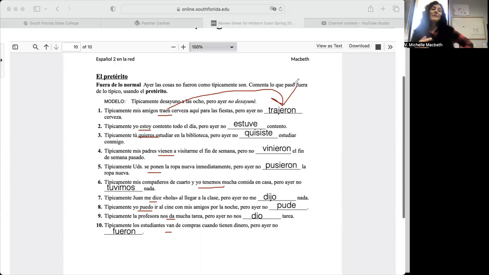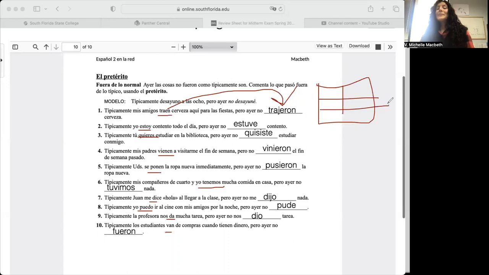So how would I have done these if I was picking it apart a little bit more? First I would have written in the new verb box. Remember that these irregular preterites have their own little ending chart. And then I would have written down all of the roots of these verbs, right? Estar means estuv-, poner means pus-, poder means pud-.